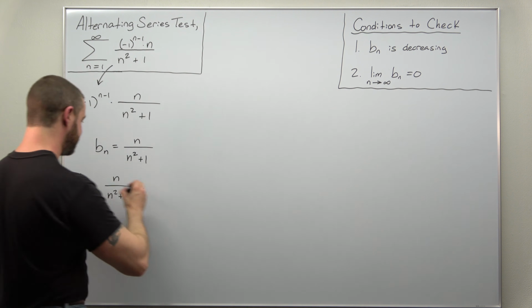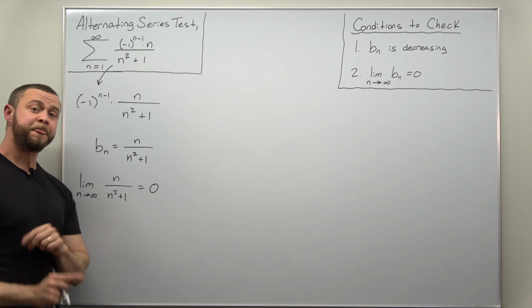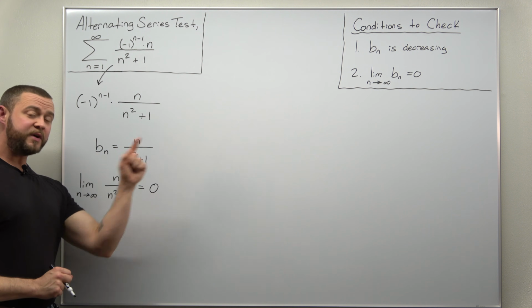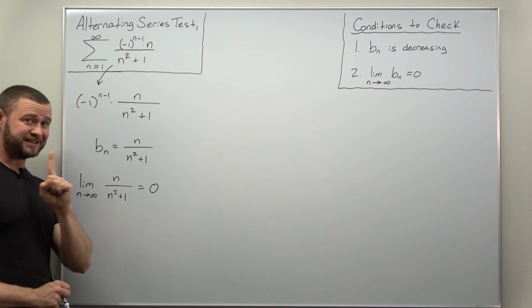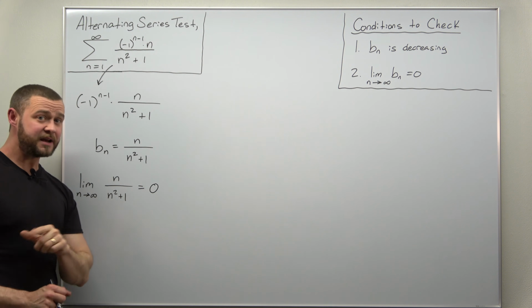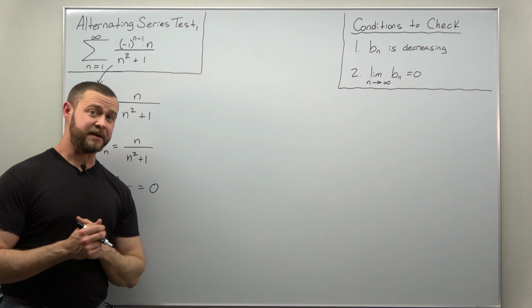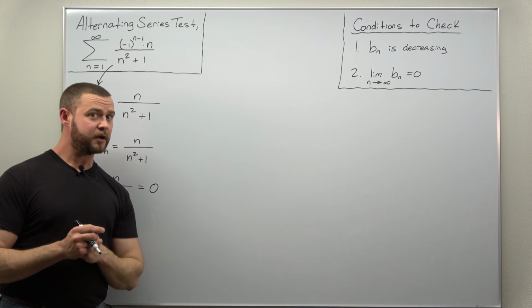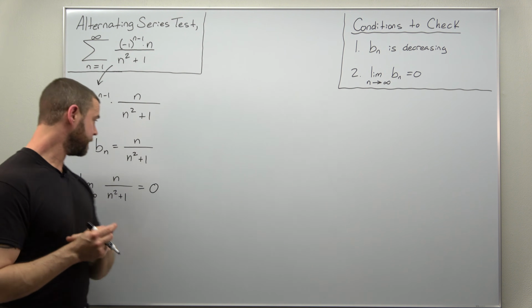Either way, you'll find this limit does go to 0. So condition 2 is satisfied, but we still need to check condition 1, that this is actually decreasing. And again, it's not just as simple as stating that it's decreasing. There's some work that your professors, myself included, are going to be looking for.